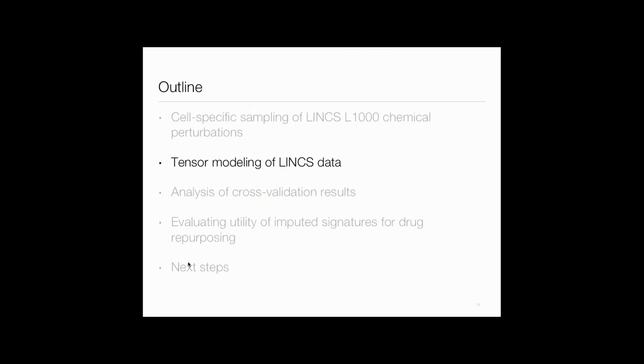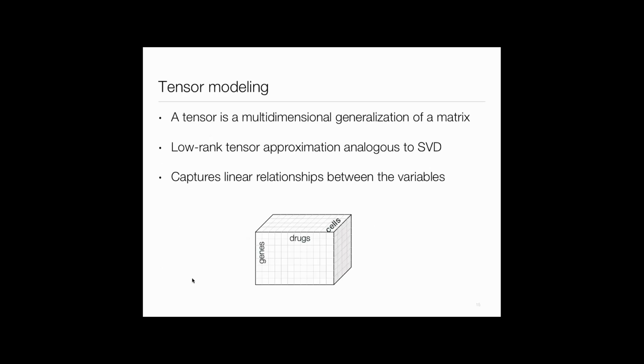So now I'll talk about tensor modeling and how I bring LINCS L1000 into the tensor framework. So what is a tensor? A tensor is a multidimensional generalization of a matrix. What I'm showing on the slide is a three-dimensional tensor over genes, drugs, and cell types. And you could have even 4 or 5 or n dimensions of a tensor.